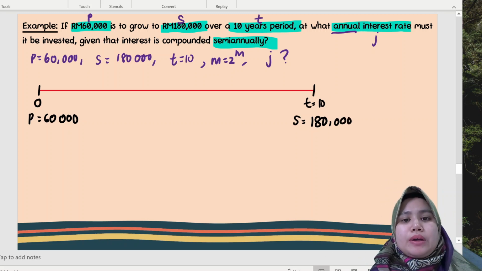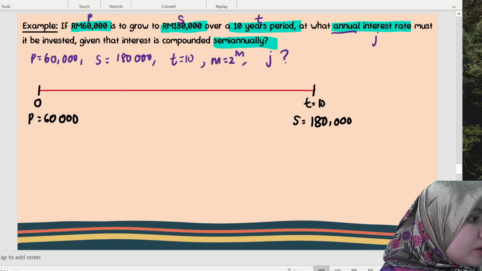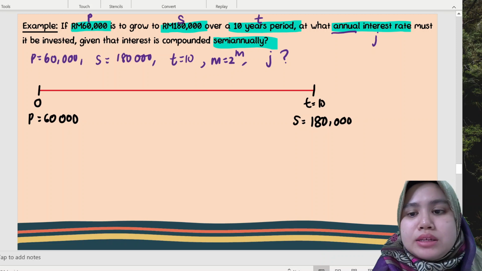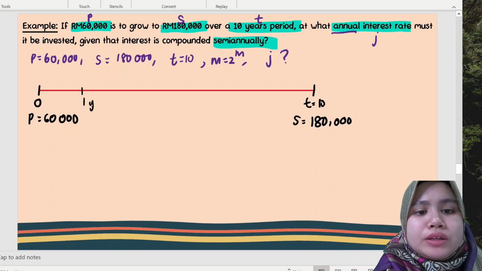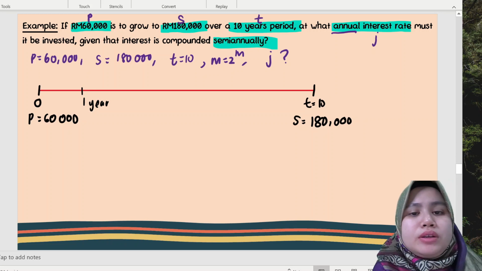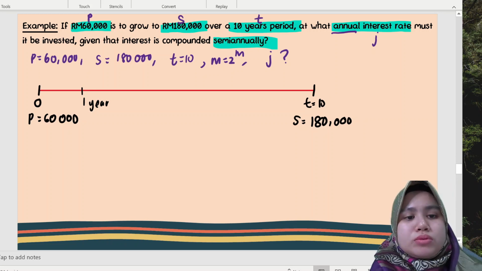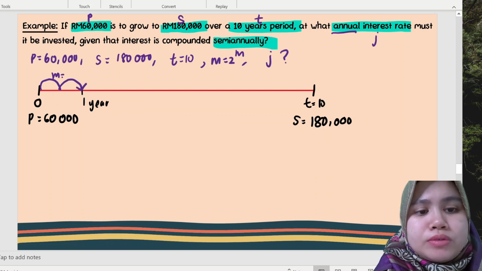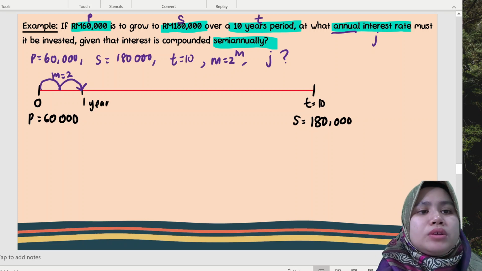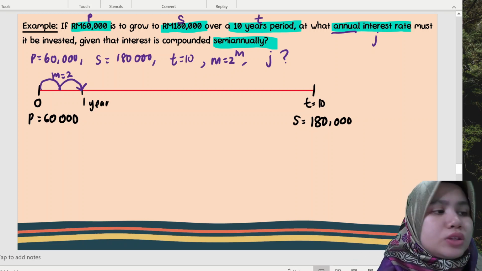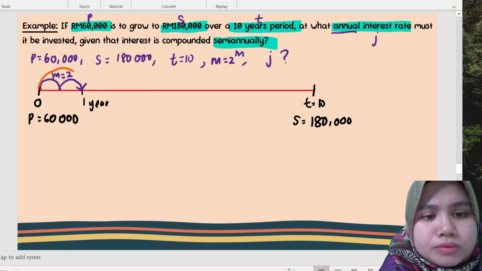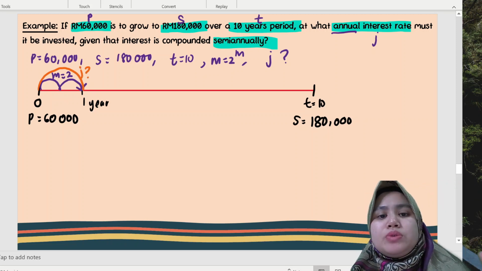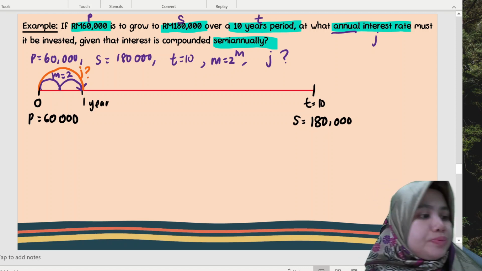For each year, your M is 2, so each year is split in two, and your J will be here. This is your J, because we calculate by annually.